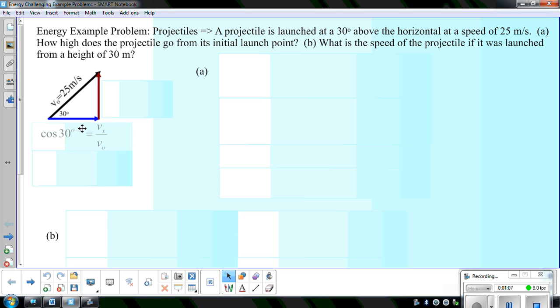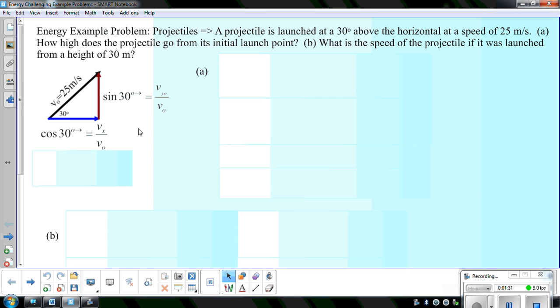To find the Vx, remember in the x direction, it's always a constant speed. So cosine of 30 degrees would equal Vx over that initial velocity, and sine of 30 degrees would be the Vy initial over V initial.